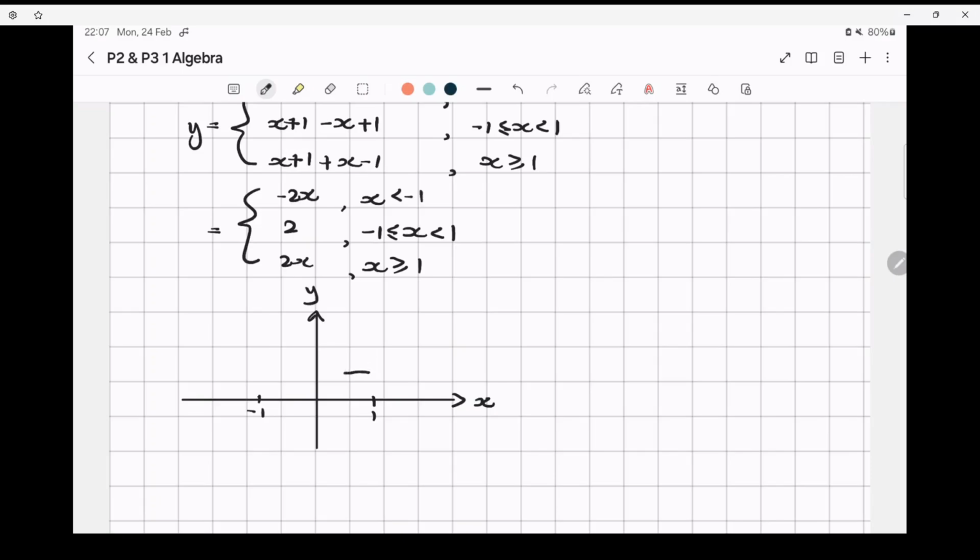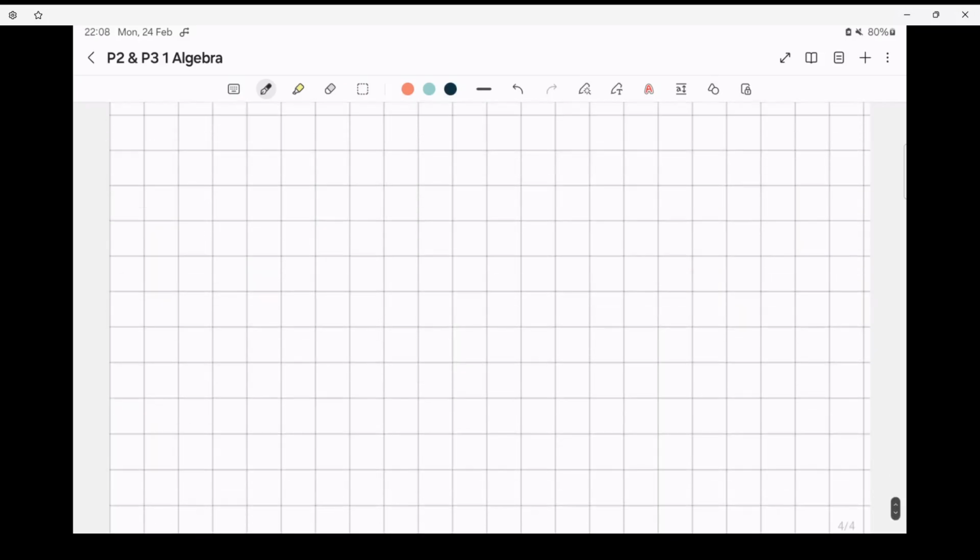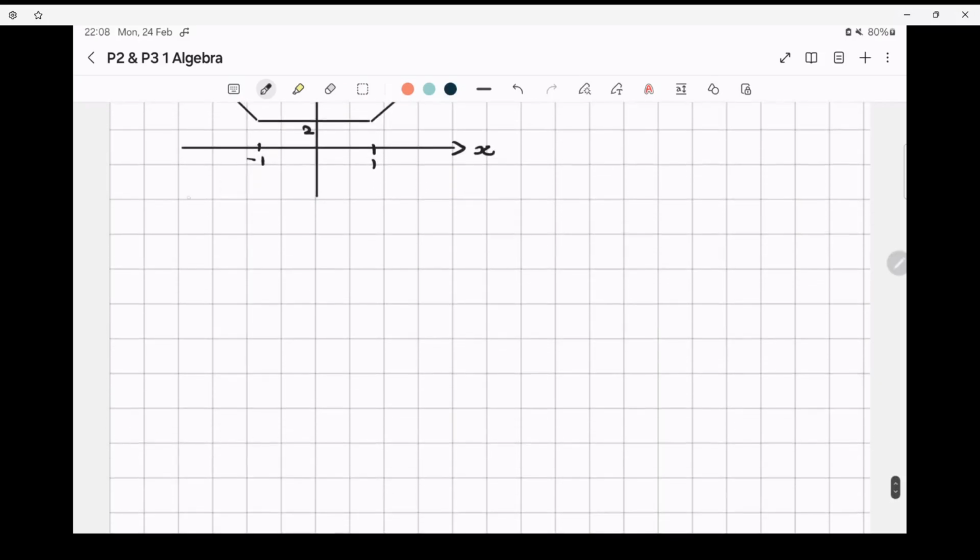You have this whole portion at 2, and then the left part is -2x, the right part is +2x. So that's how you plot this type of functions. Alright. So now let's look at the next section on inequality.